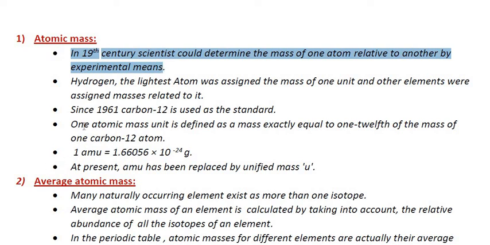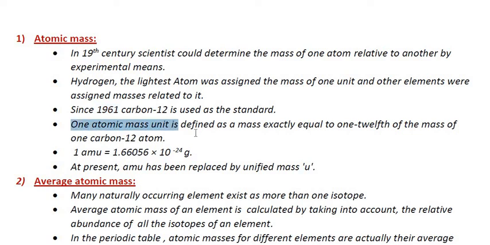But since 1961, carbon-12, an isotope of carbon, is used as the standard. One atomic mass unit is defined as a mass exactly equal to 1/12 of the mass of one carbon-12 atom. At present, amu has been replaced by another unit called unified mass, represented by a small u.